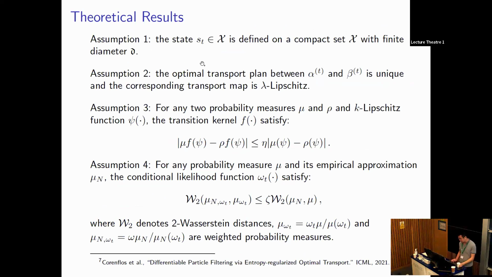The second one shows that optimal transport is regular between the predicted distribution and the posterior. The third one shows that the transition kernel is not something crazy, so it's smooth. And the last one shows that the conditional likelihood function will also not give you some strange behavior, so there are some Lipschitz conditions and the distance is bounded, something like that.